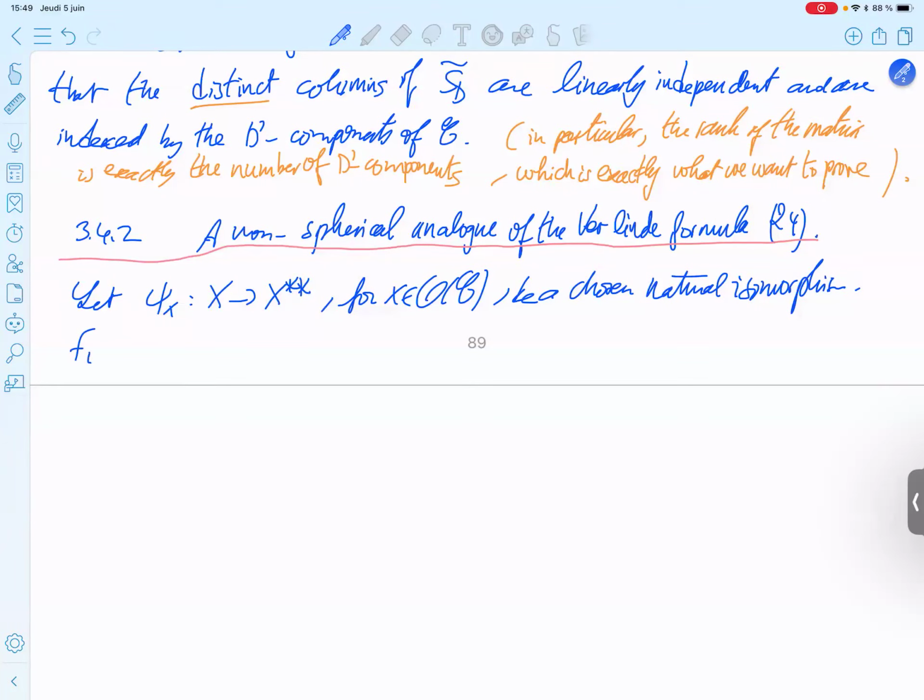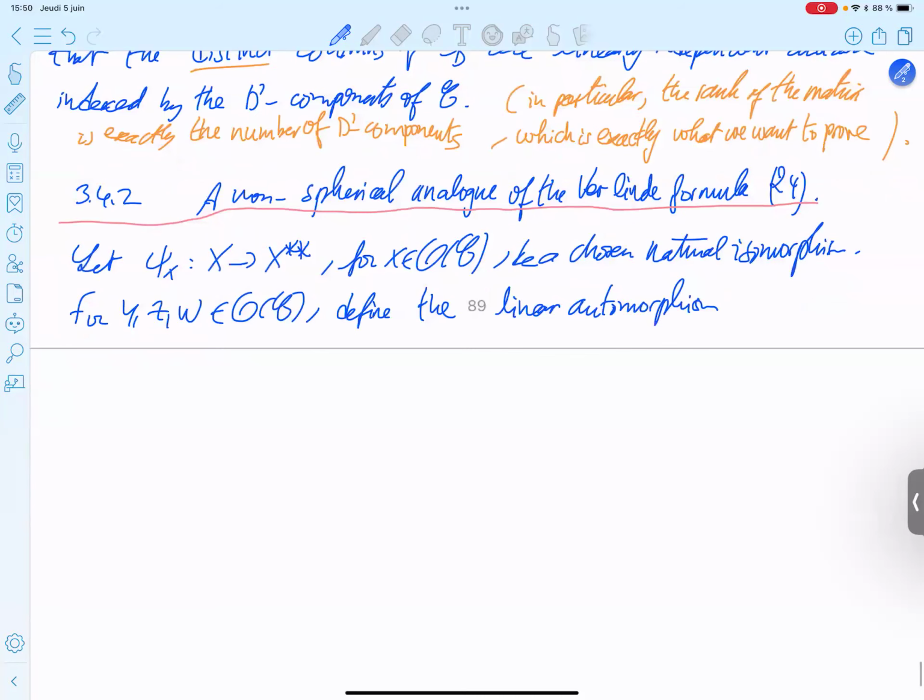So for Y, Z, W simple, we define the following linear transformation. Define the linear automorphism as follows, which will quantify the failure of the natural isomorphism to be monoidal.